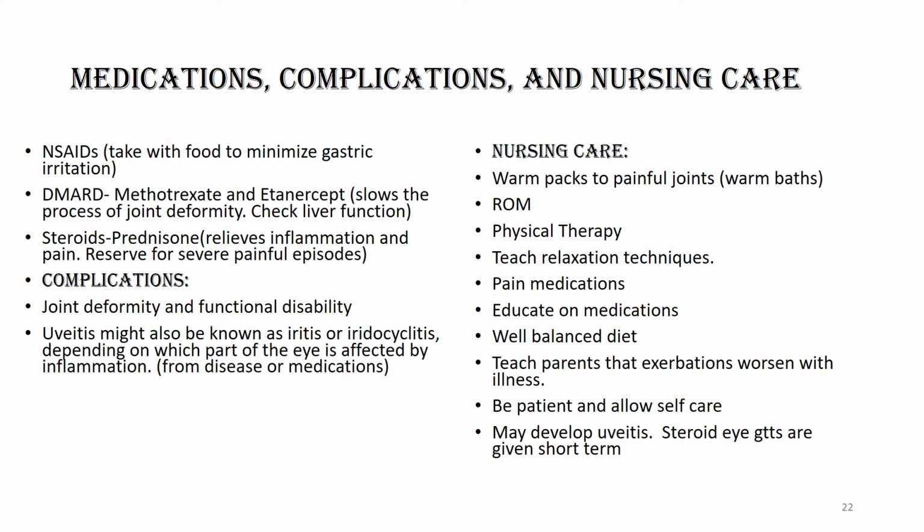Complications of having this disease is permanent joint deformity and functional disability. Sometimes it's so severe these kids end up in wheelchairs. Uveitis sometimes also happens. It depends on the medications they're on and exactly which JIA is affecting the child.